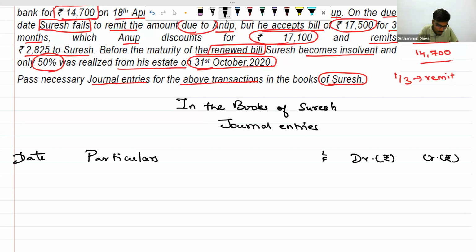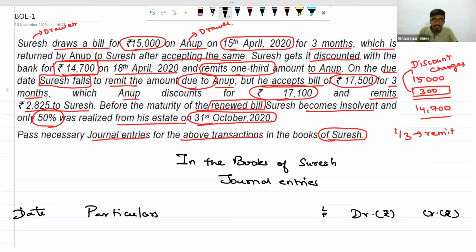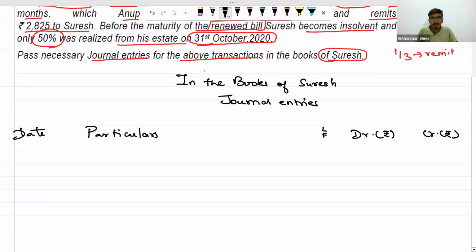First journal entry, what do you need to do? First he is drawing a bill for 15,000. What is the journal entry you will pass? Bills receivable to debtors you will pass. In the same way, I will write April 15. All the years are going to be 2020.